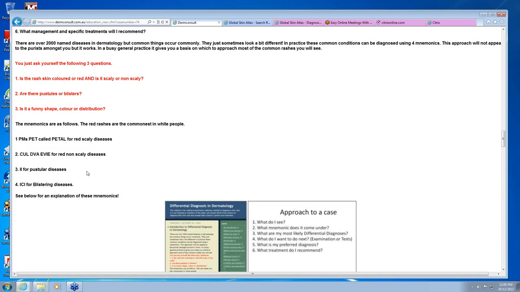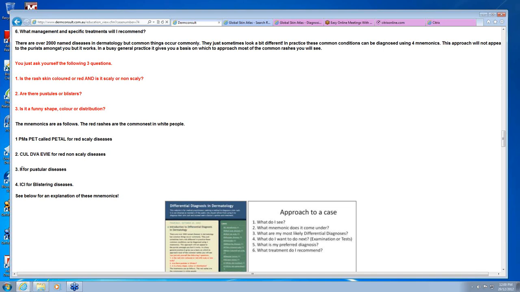Some light eruptions will come in there. DVA: drugs, viral or bacterial exanthems, and again the annular erythemas, because some of them are red and non-scaly. Erythema chronicum migrans, some forms of erythema annularis centrifugum. And then E: E for erythema multiforme, V for vasculitis, I for infiltrates, and E for erythema nodosum.